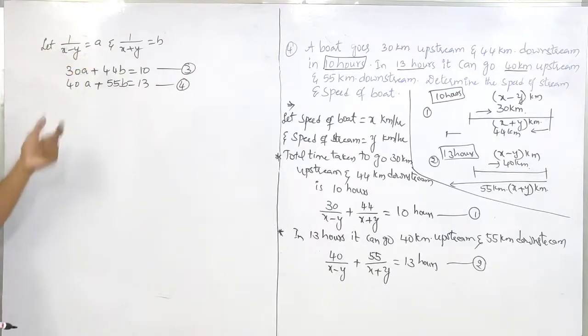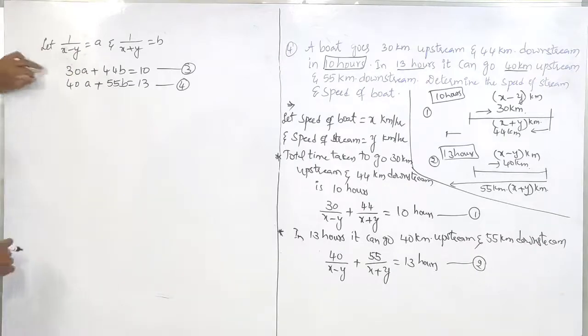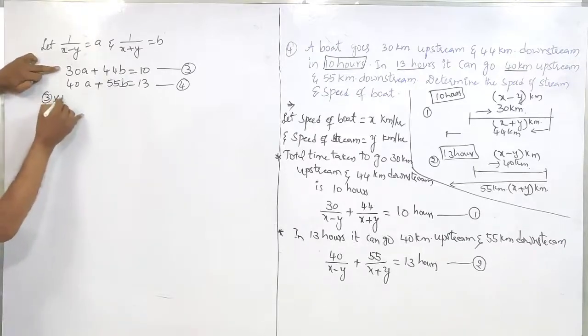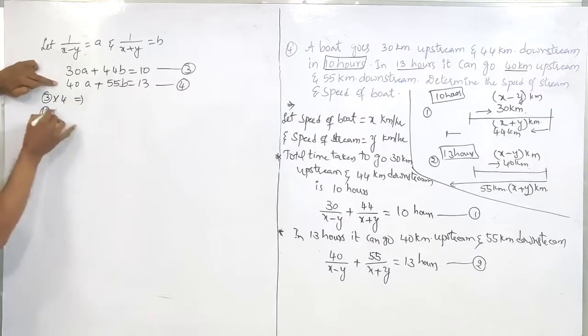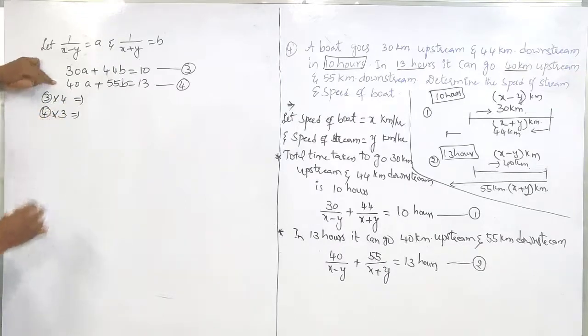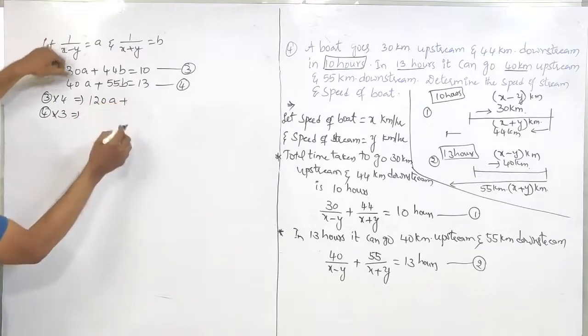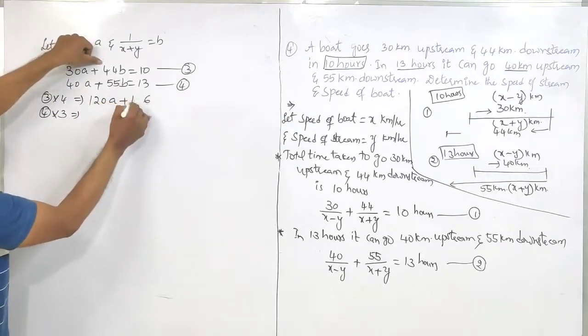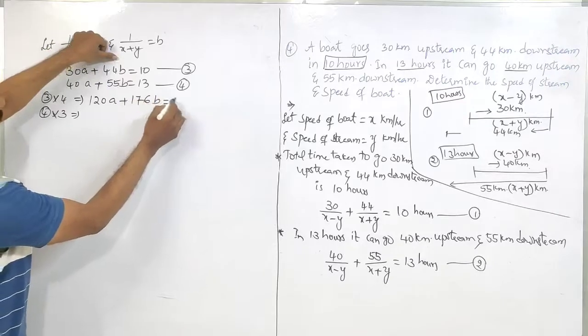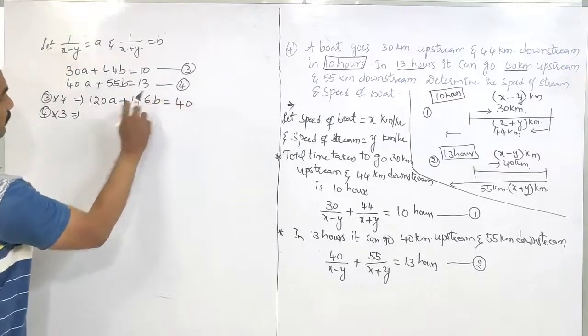So how to find out a and b here? This is 30 and this is 40. 4 3s are 120, 3 4s are 120. So third equation into 4, fourth equation into 3. Multiplying with 4 this one: 4 3s are 12, 120a. 4 4s are 16, 16 plus 1, 17b is equal to 4 10s are 40.